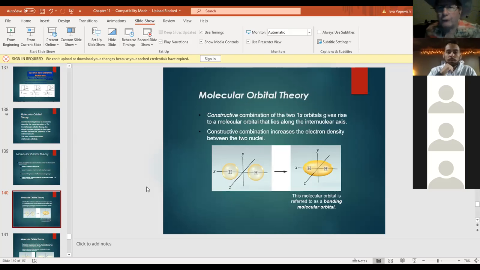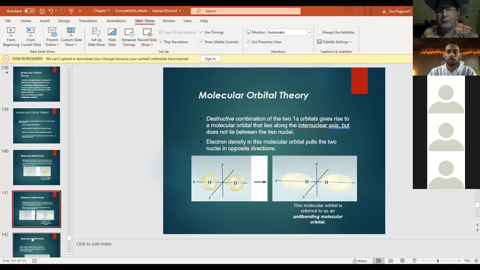Basically, what this comes down to is if we have two atoms and we have 2 s orbitals, they're along the internuclear axis, so they can form a sigma bond. On the other hand, we also have the electrons being located on the opposite end of the place where the atoms are getting close together.